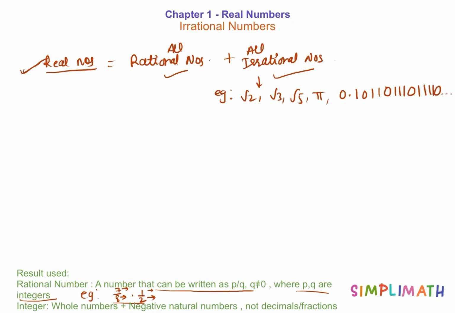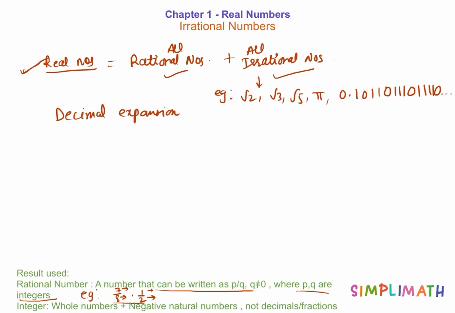Now we will understand how these are irrational numbers. First of all, we will understand the decimal expansion of a real number to identify which number is rational and which number is irrational.